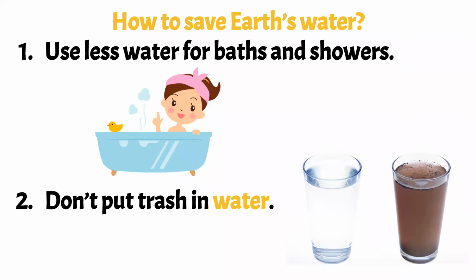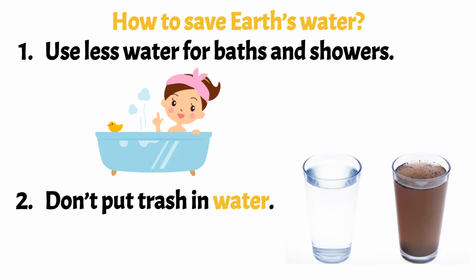Okay. Now, again, let me remind you how to save Earth's water. We have to use less water for baths and showers, and also when we wash the dishes. So we have to use less water, generally speaking. Don't put trash in water.